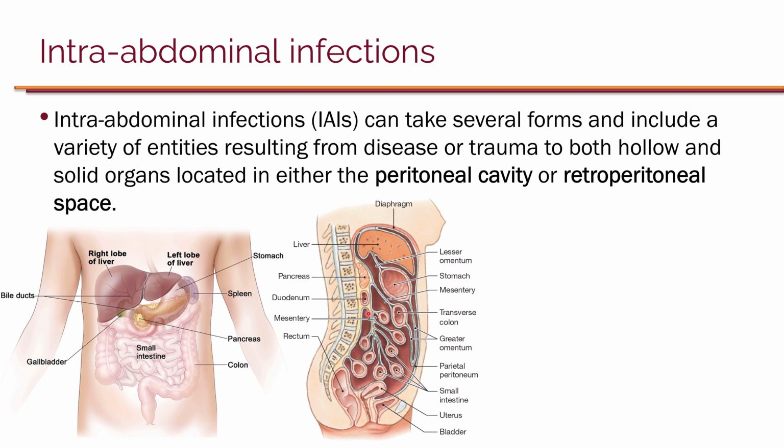And you can see that these organs have a layer surrounding them, and this is essentially the peritoneum. And then the space between these organs that are contained within the peritoneum is the peritoneal space, and that's normally filled with a normal amount of fluid.